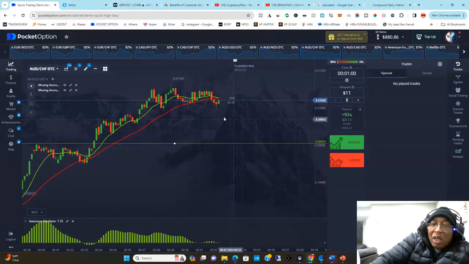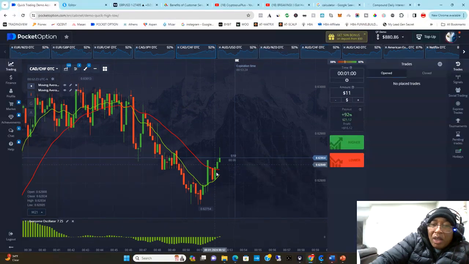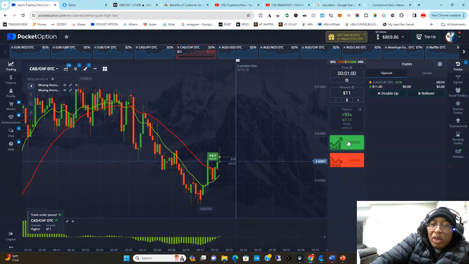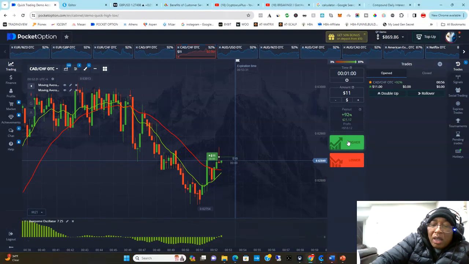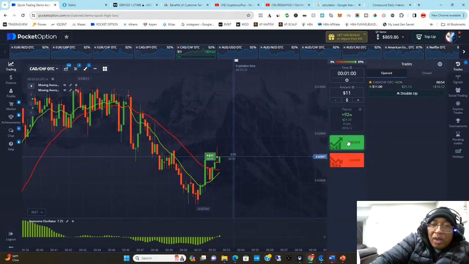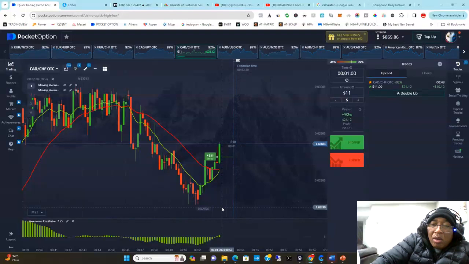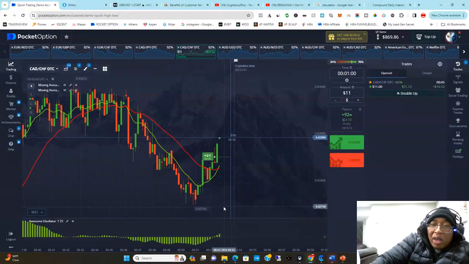So in this case here, you can see here we go, this guy is going up, so we can go up with him. And let's see, yeah, going up, shot up, but with that same momentum, it might shoot down. So hopefully it will have enough to keep going. As you can see, it shot down with the same momentum.